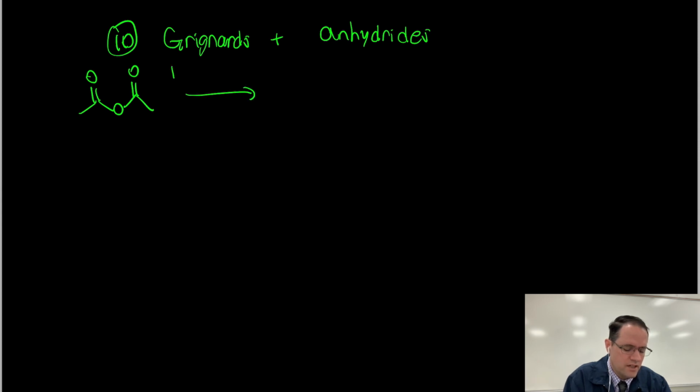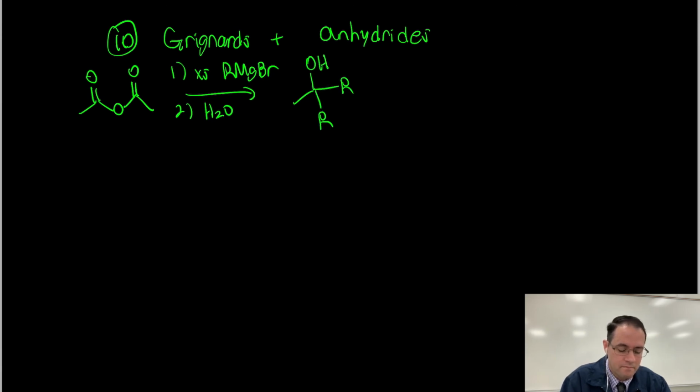If we have an anhydride and we treat this with, once again, excess Grignard, what we'll get is a complicated mixture of things. So what we're going to get is a tertiary alcohol, and acetate leaves.